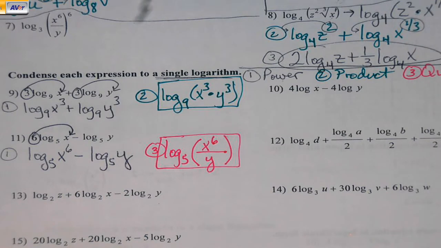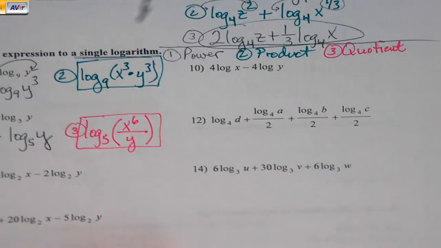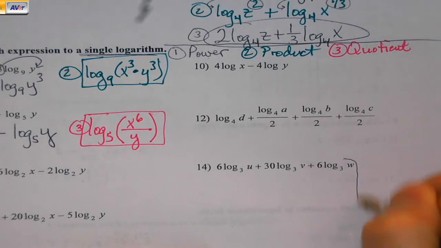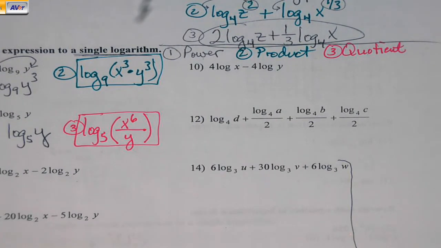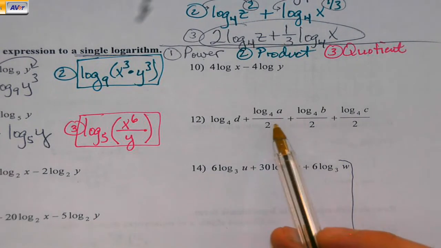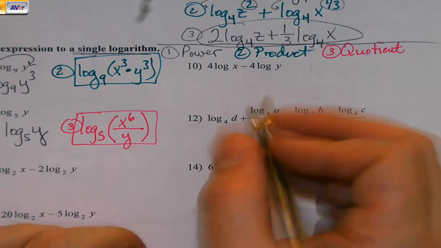Now, the last one I'm going to do with you up here is going to be the weird one, number 12. I wish we'd have had a little more room, but some bonehead, oh wait, that would be me. Didn't leave enough room here. So the thing that tends to get people on this is they look at this and they're like, well, wait, that's division already. That's kind of weird. Let's rewrite this for a second.